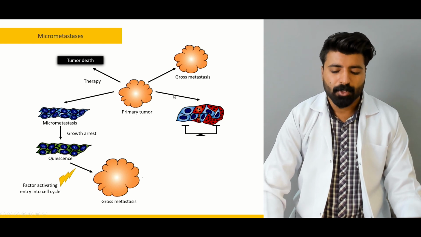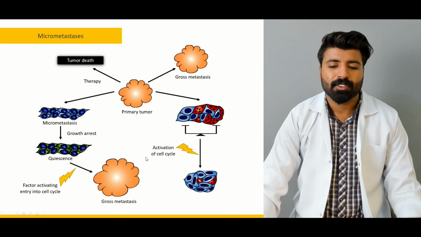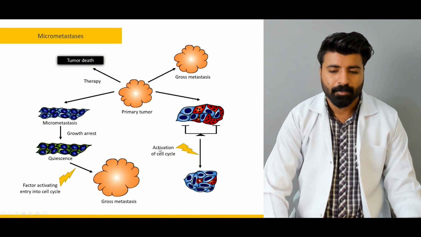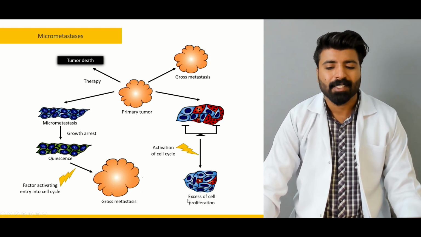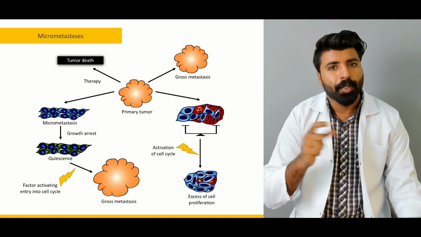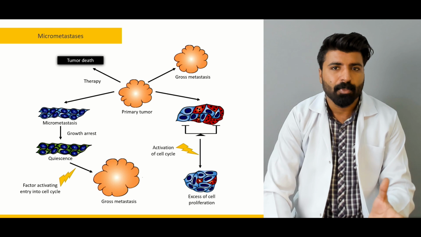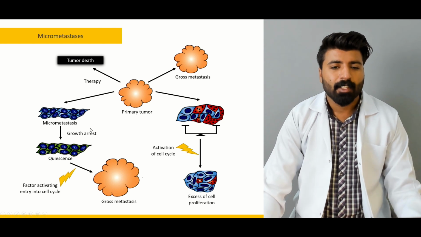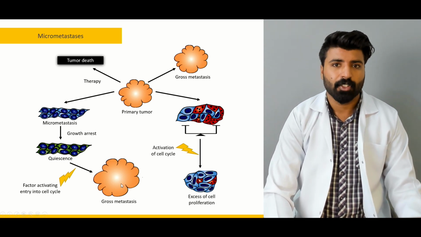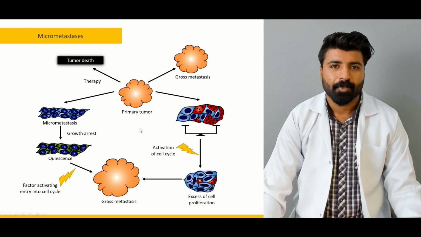Now those primary tumors can also lead to this effect, in which activation of the cell cycle can happen and lead to excessive cell proliferation. Now that primary tumor is going through excessive cell proliferation. It's not stopping. Even that tumor is growing in size, let alone these all. These are further types of it.